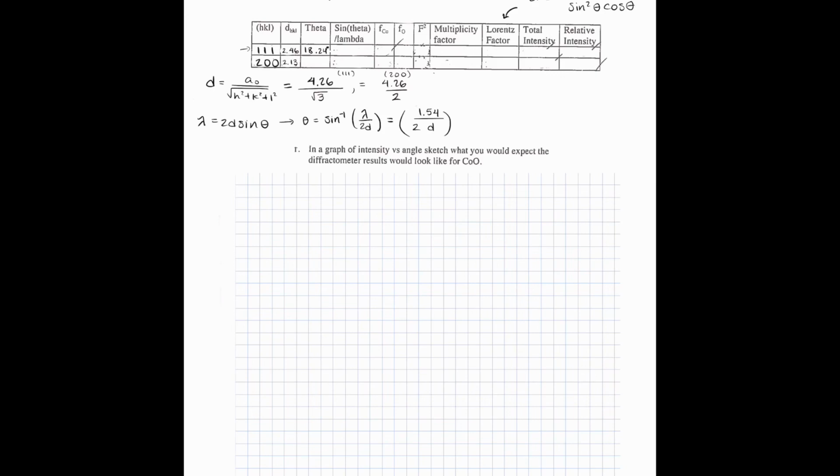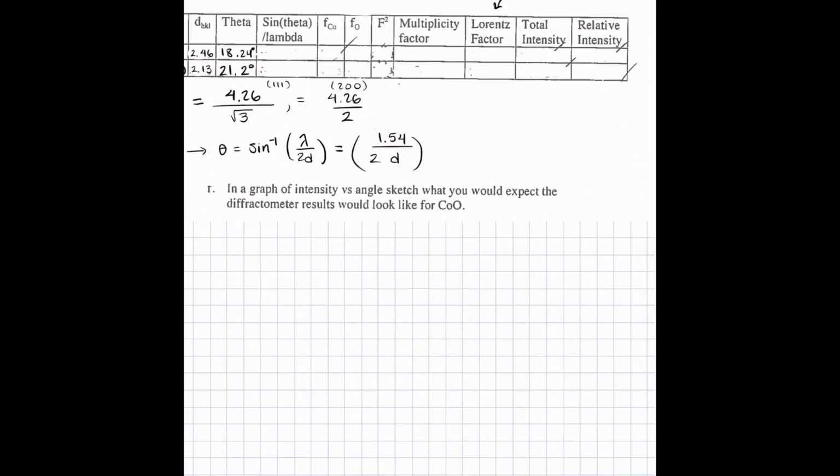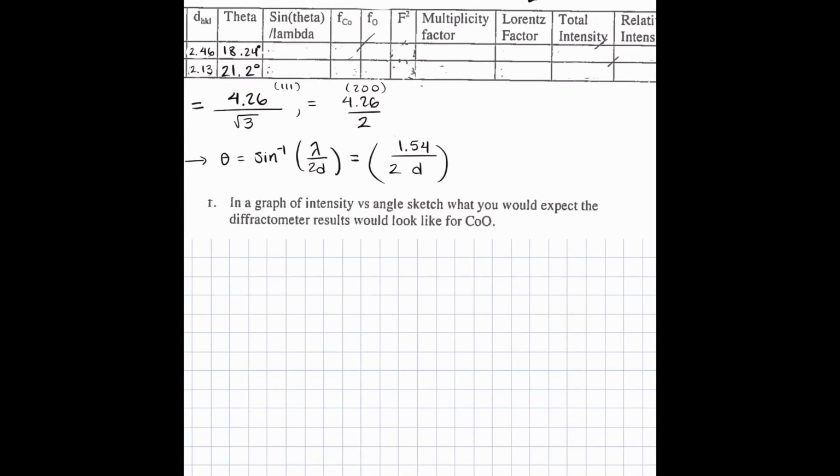All right, other one, we're going to say 2.13 equal to, and then 1.54 divided by 4.26, and then the inverse sine of that is going to be 21.2 degrees.